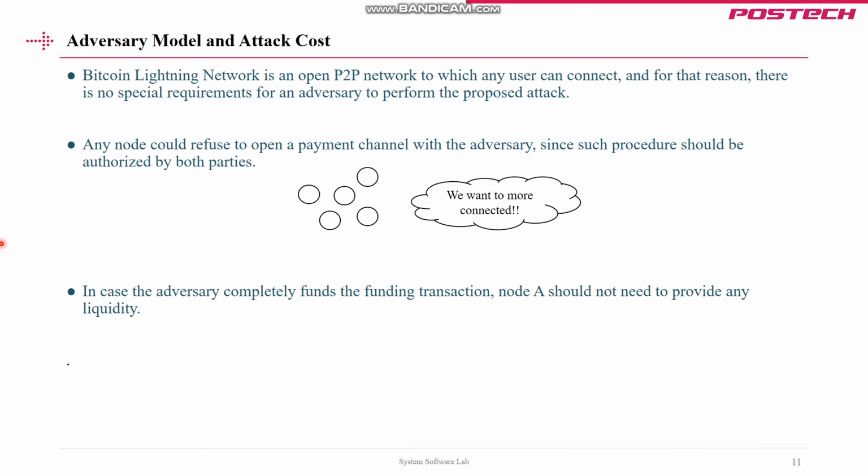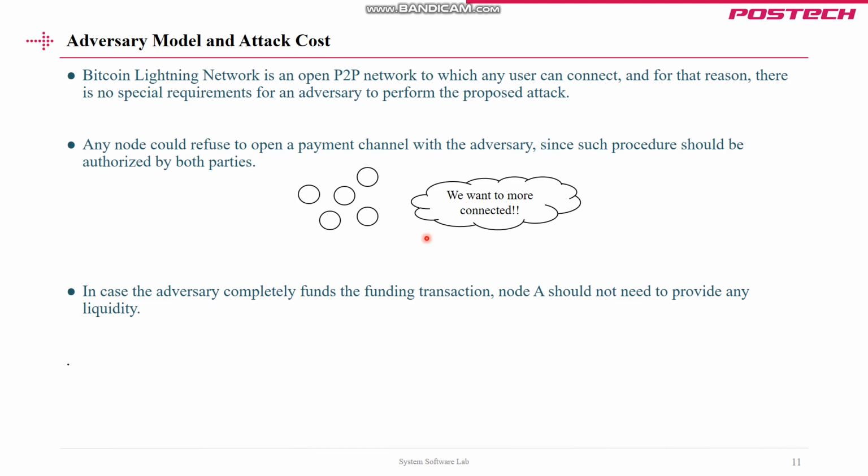So this is the adversary model and attack cost. The Bitcoin Lightning Network is an open P2P network to which any user can connect, and for that reason there is no special requirement for an adversary to perform the proposed attack. A node could refuse to open a payment channel with the adversary, since such a procedure should be authorized by both parties.